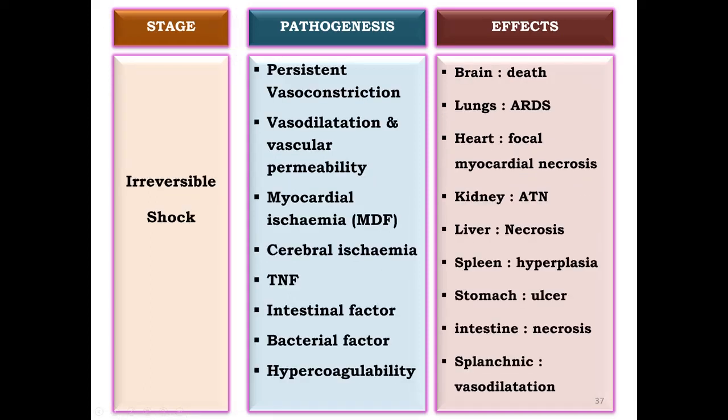Then another bar diagram showing irreversible shock in which the pathogenesis is persistent vasoconstriction, vasodilatation, and vascular permeability, myocardial ischemia, cerebral ischemia. Then there is release of tumor necrosis factor, then there are intestinal factors, bacterial factors, and hypercoagulability, all come into play.